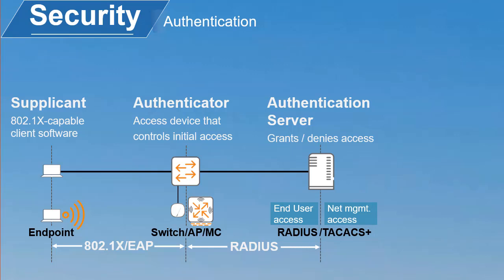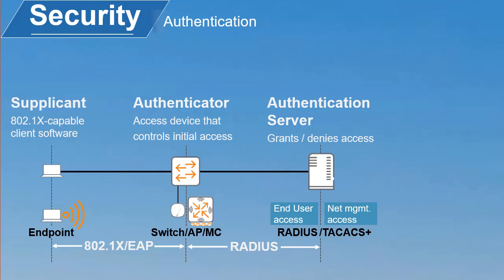Now, the RADIUS server might have a local store of usernames, passwords, and group memberships, especially in a smaller deployment. In this case, the server checks the data store, validates credentials, and sends access granted or access denied messages to the authenticator, which in turn notifies the endpoint.